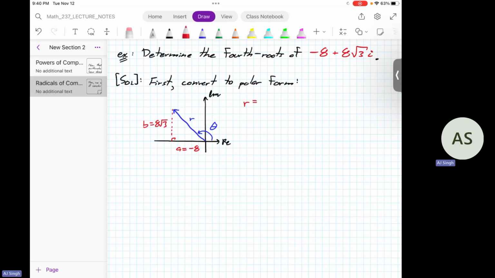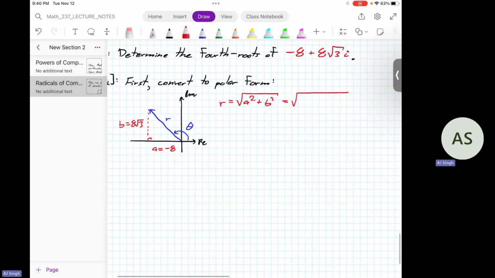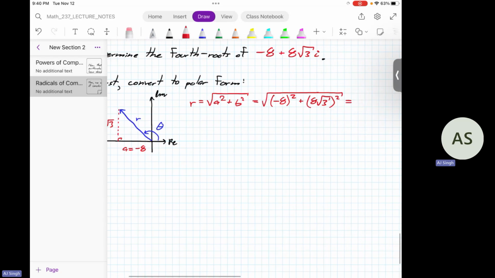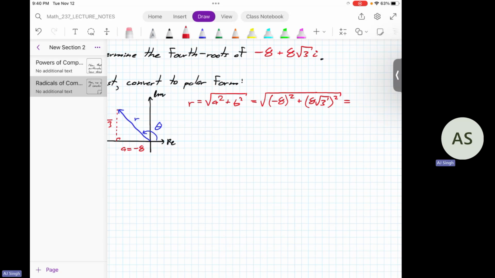In this case, no shortcuts. We just have to do it. R is the square root of a squared plus b squared. You can chuck this in the calculator if you wish. Be very mindful of how you use your brackets. I think that's 64, 16. Is that 16? I think it's 16.